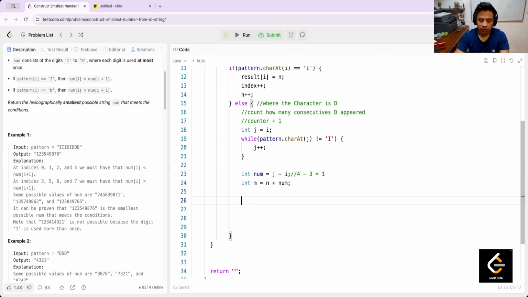Now here is okay, I need to reach, yeah, it's a 4, while it's minor that num, I plus num, I plus, and now in the position result, I it's equal m less index, and index plus.